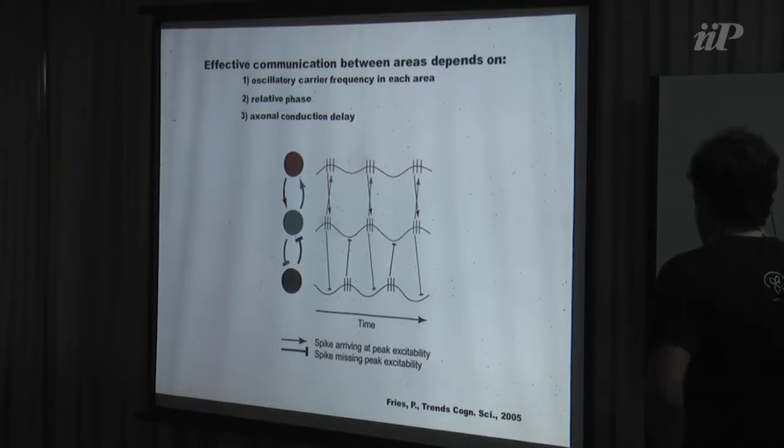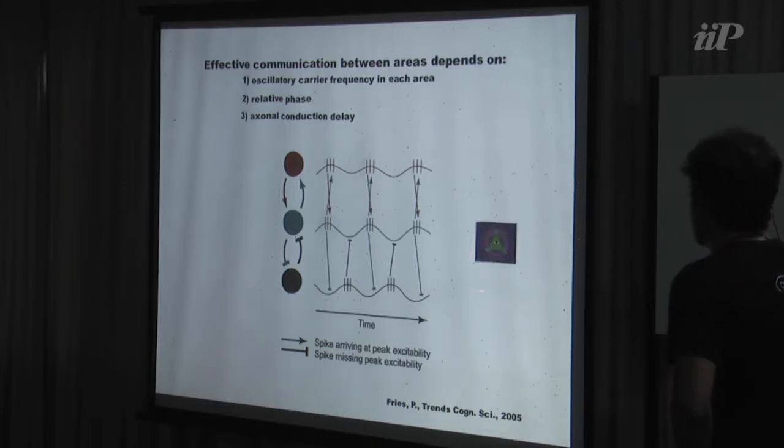So this is theory, right? Pascal Fries is one of the main guys behind this theory. There are more people, but I'll put my mystical sign here that, well, it's still debatable. But these are the theories we have out there.